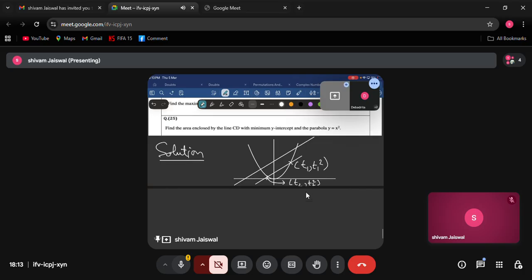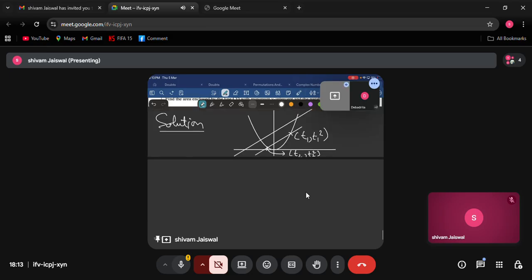Next, the slope of the line, that is T2 square minus T1 square upon T2 minus T1, is given as 2. This implies T1 plus T2 is equal to 2. This is equation 1. Can you understand?